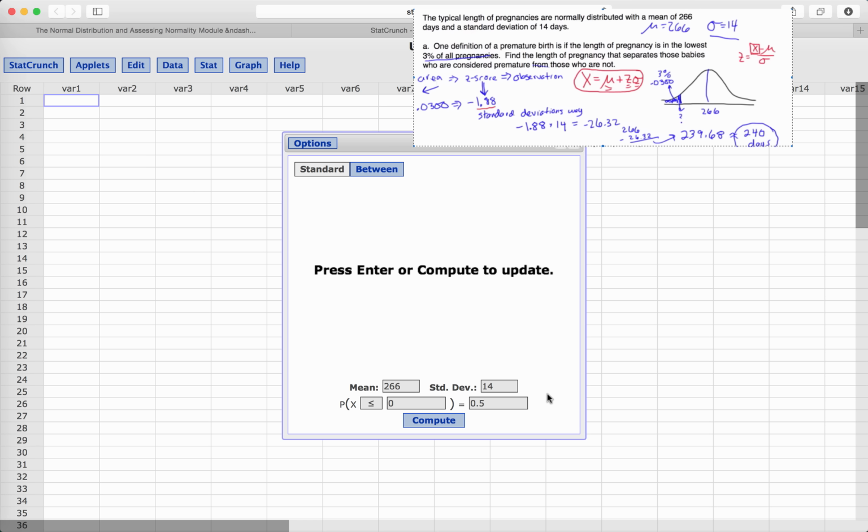So what we're looking for is a left tail, and we're going to use that phrase later on, but we know that the area is going to be less than some observation. So we're going to keep this less than, and we know it's the lowest 3%, so that would be 0.03 if we were to convert that to a decimal.